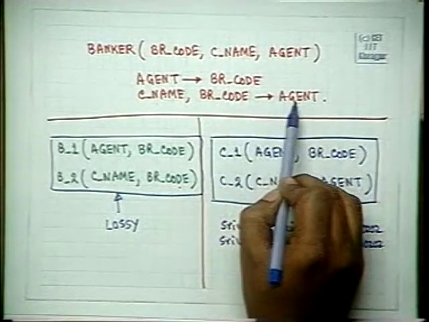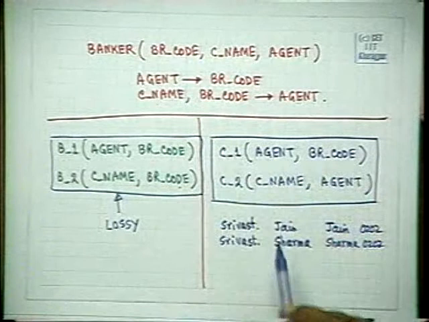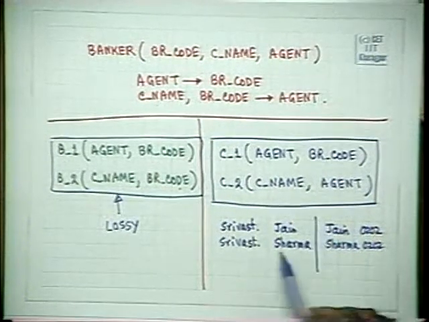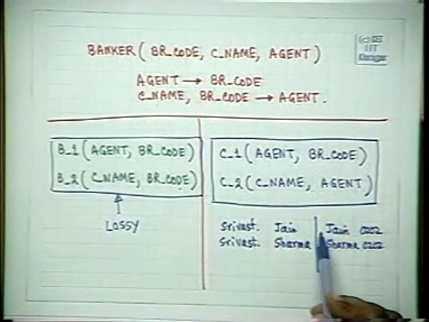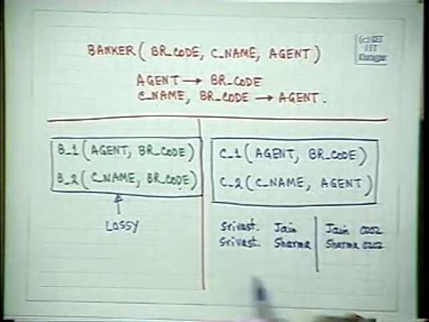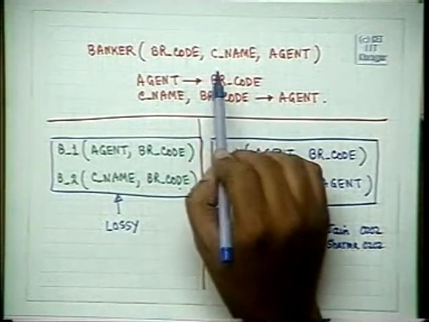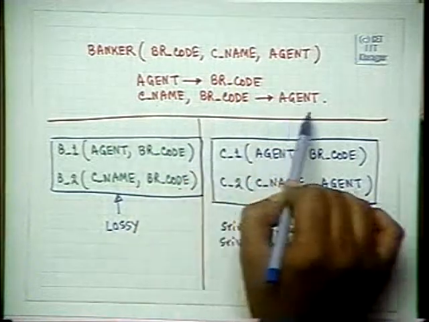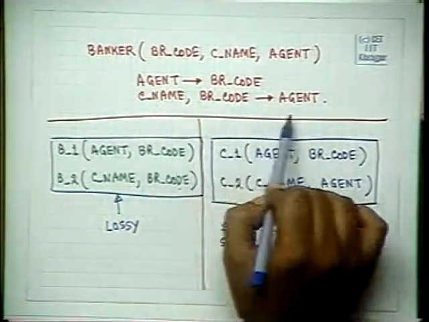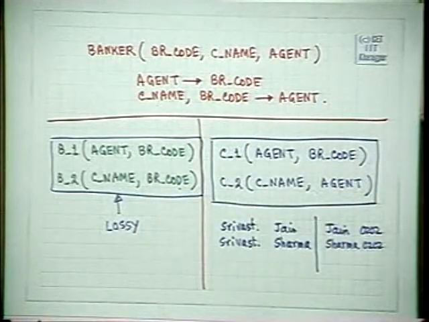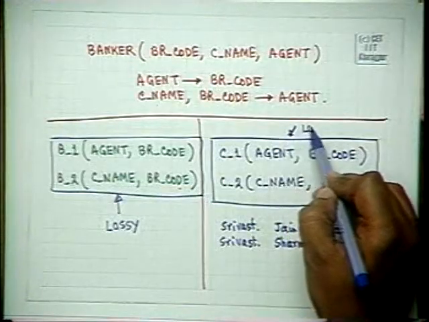He cannot have both Sharma and Jain here. So the potential difficulty of having a lossy component cannot arise for this case because of this functional dependency. Therefore, this is a lossless decomposition.